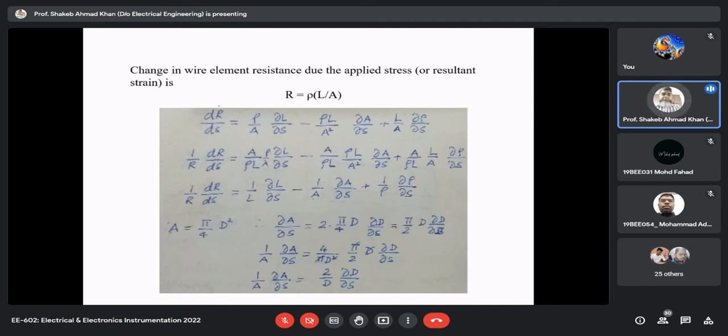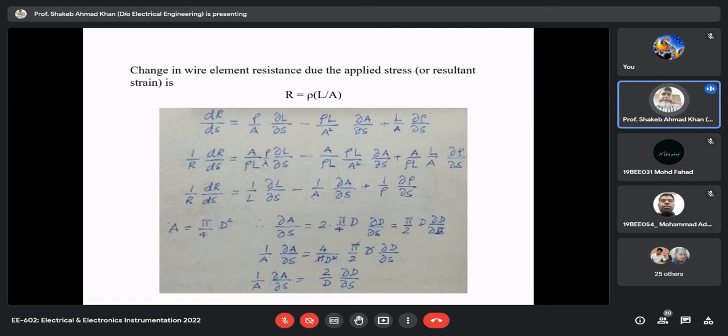Now I simply differentiated both sides with respect to stress. The rate of change of resistance with the applied stress is because of the change in length with stress, the change in area of cross section with stress, and the change in resistivity with stress.